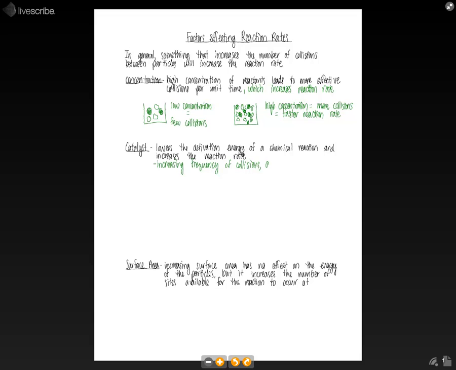It can also alter the orientation of the reactants, which will make the collisions more efficient, or more effective.